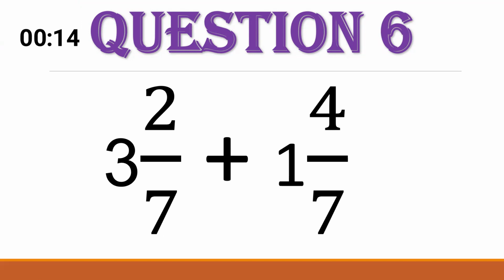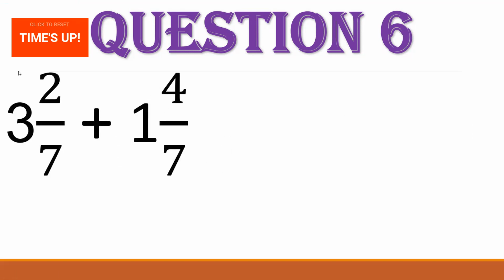What we are gonna do? We have 3 and 2 over 7. 3 full object and 2 over 7. 2 out of 7, we can say. All right, time is over, so let's continue. For this kind of questions, what we are going to do?